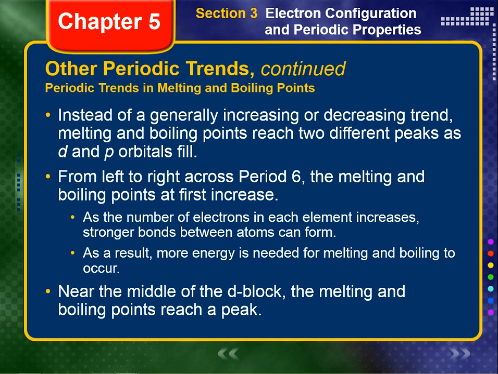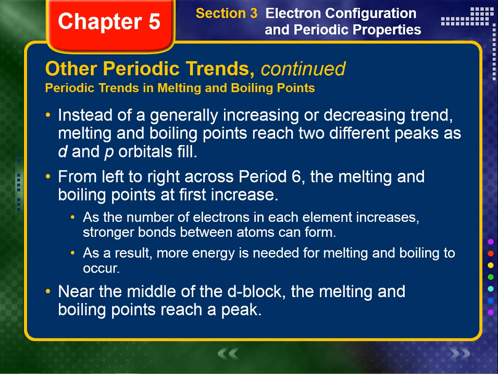So let's move on to talk about melting and boiling points. Instead of a generally increasing or decreasing trend, melting and boiling points reach 2 different peaks as the d and p orbitals fill, right? 2 different peaks, focusing on the d and p orbitals. From left to right across period 6, right? n equals 6, period 6, the melting and boiling points at first increase.